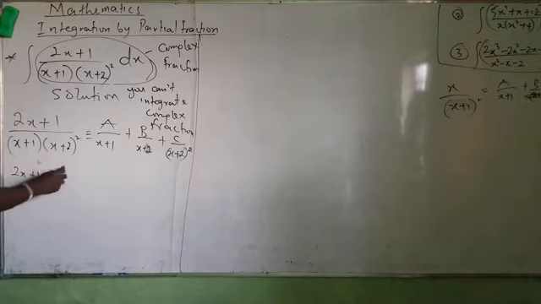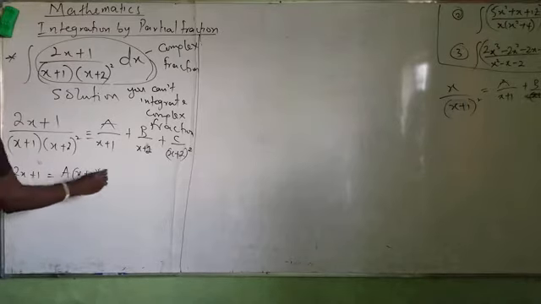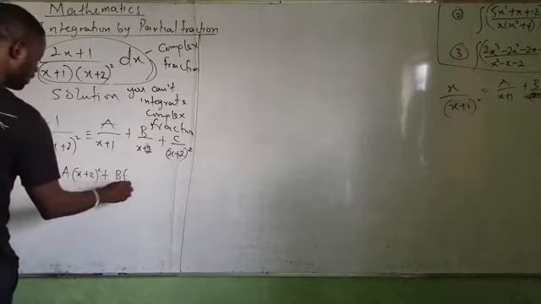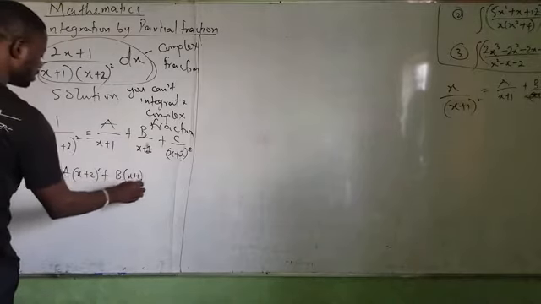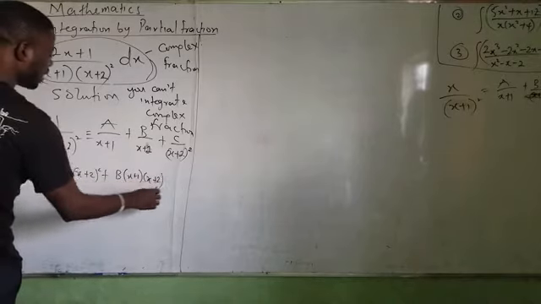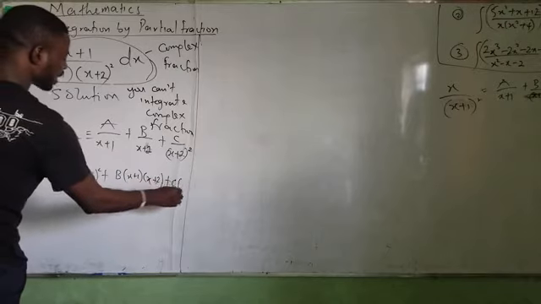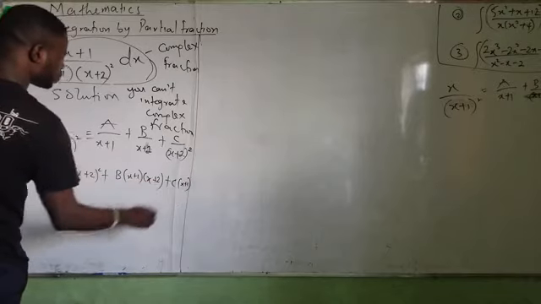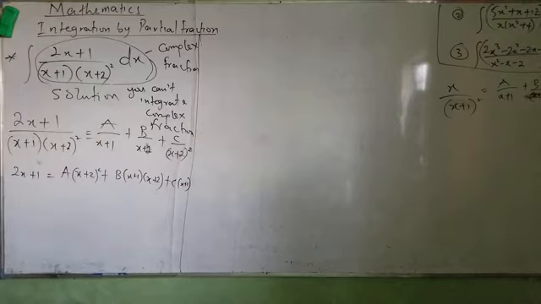It will be equal to A(s+2)^2 + B(s+1)(s+2) + C(s+1). That is what this will be.